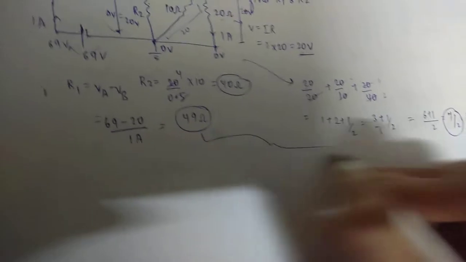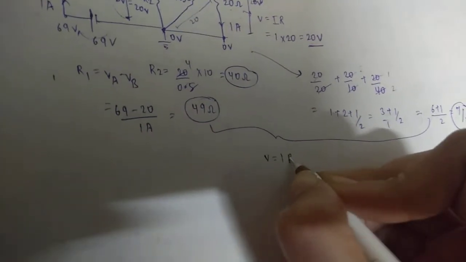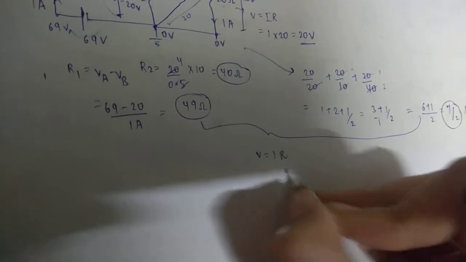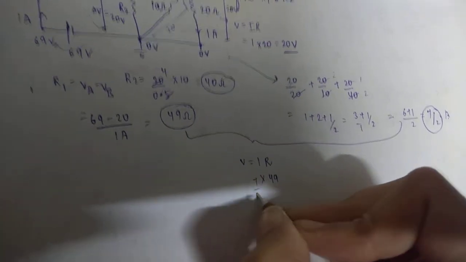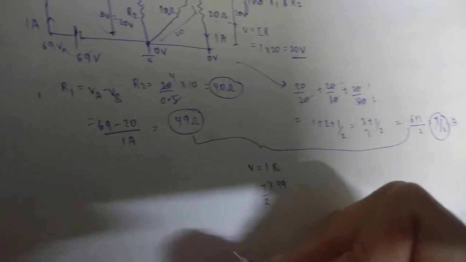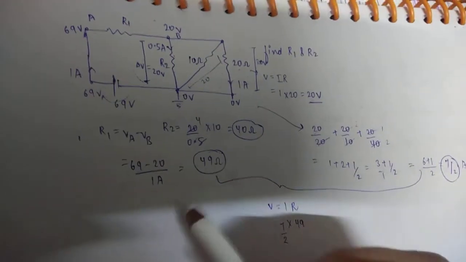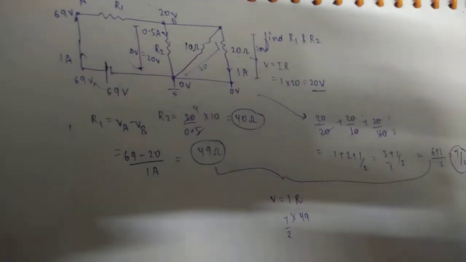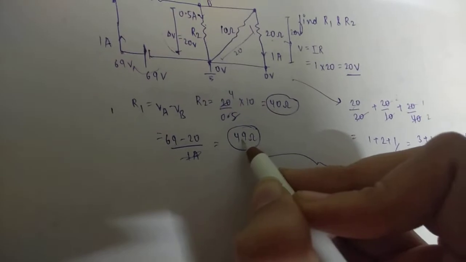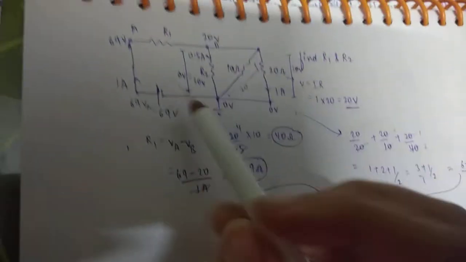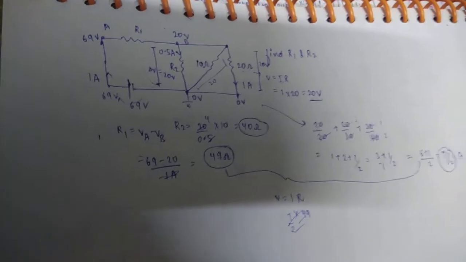So by using these two I will write V is equal to IR, and here R is R1 and the current is 7 by 2. It is the potential difference that I found. Okay, so I write this as potential difference, not 1 ampere. It is potential difference, that is 69 minus 20, that is 49.